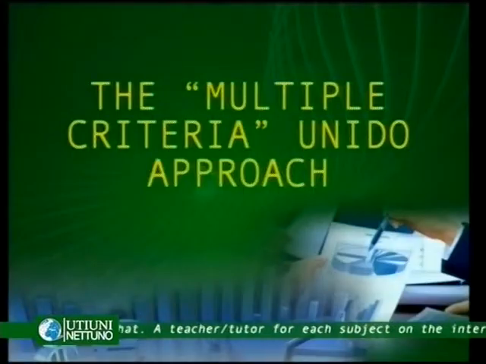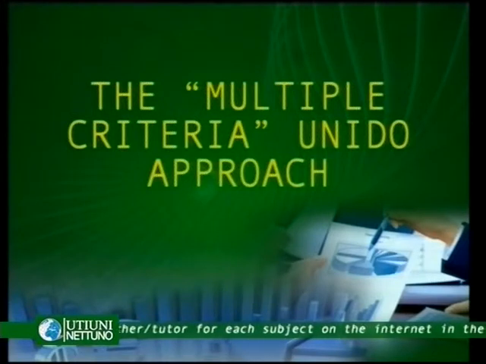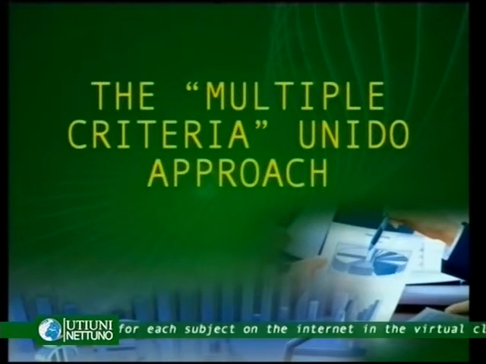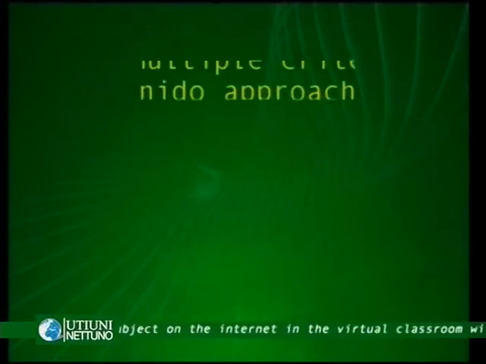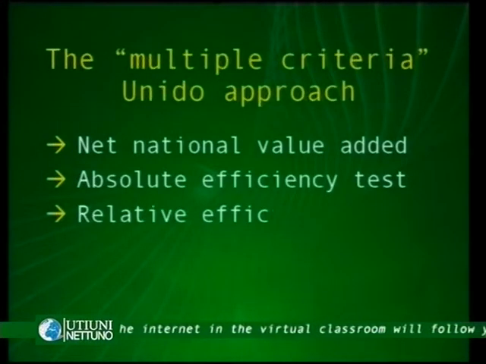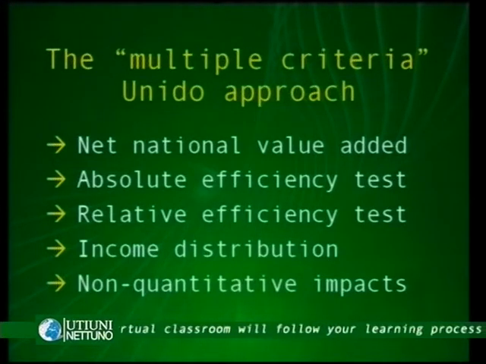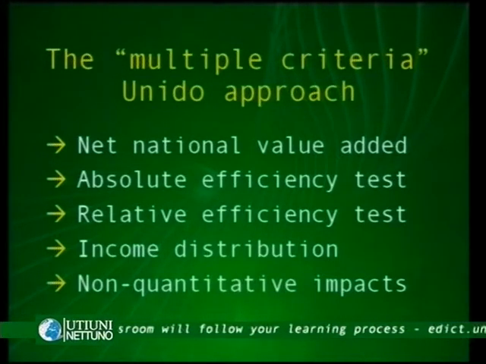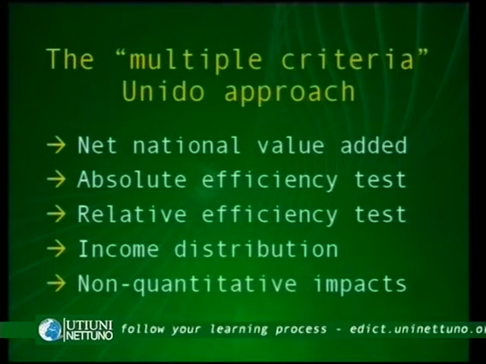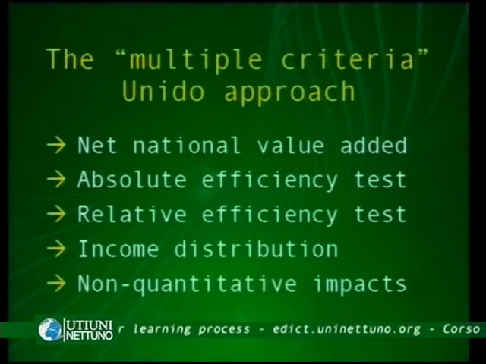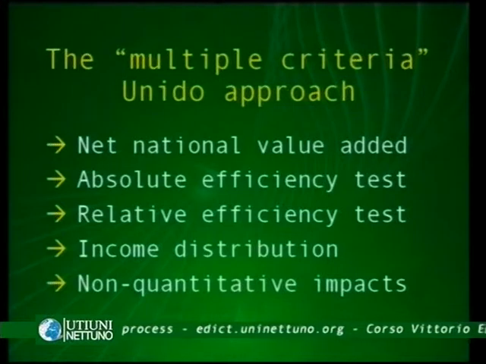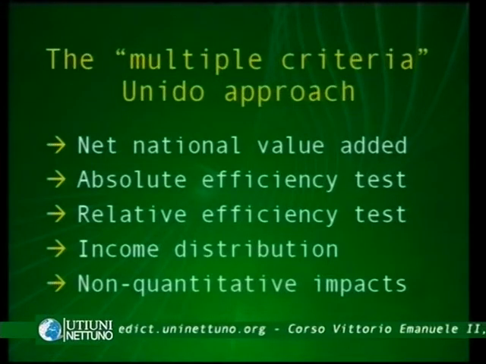So now we conclude this class by presenting and shortly introducing the multiple criteria approach. So the multiple criteria approach is based on different criteria that are applied simultaneously to the evaluation of a project.